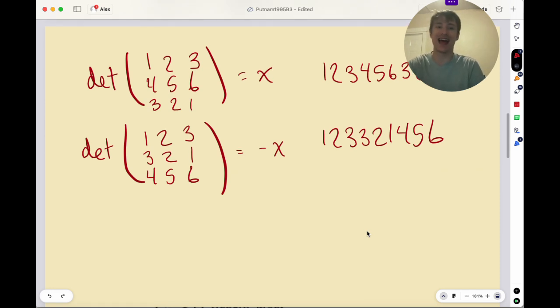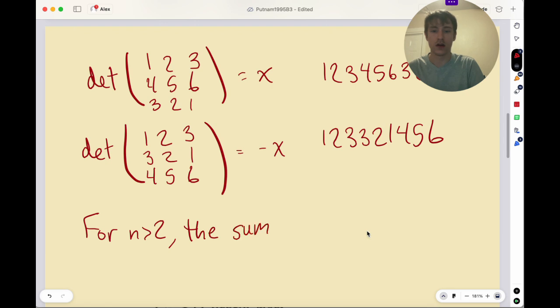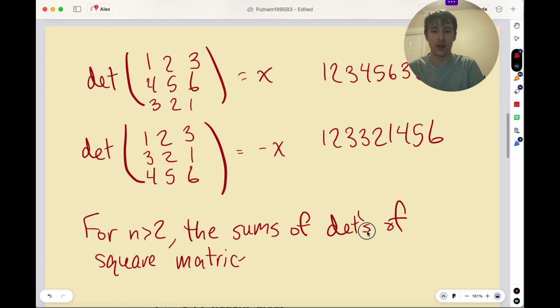So in the case that n is greater than 2, so for n bigger than 2, the sums of the determinants of square matrices, the sums of the determinants of all square matrices with, I'll maybe put a caveat here, but the sums are all 0.